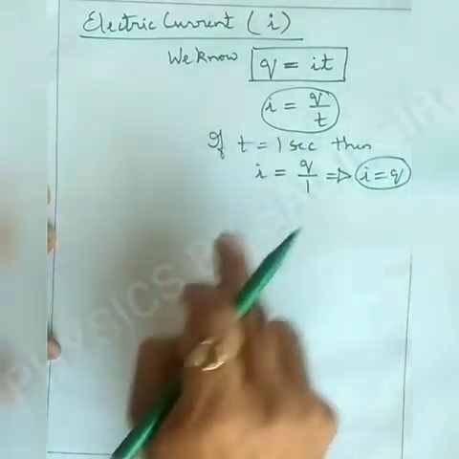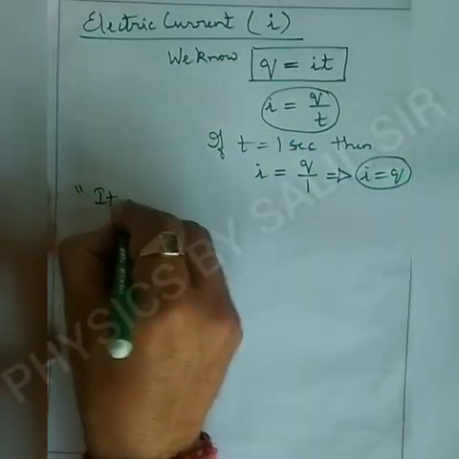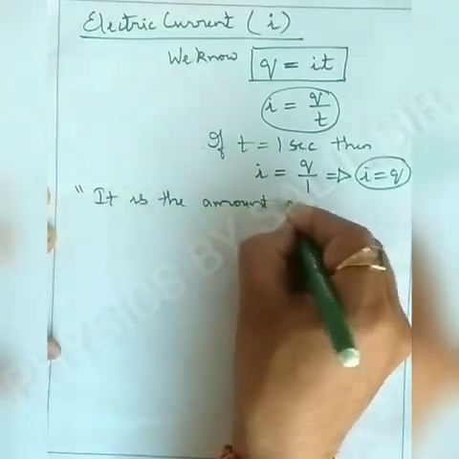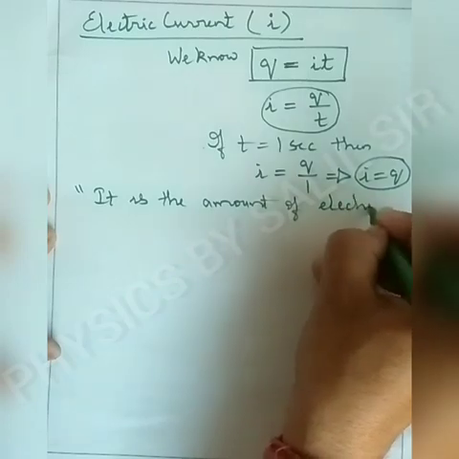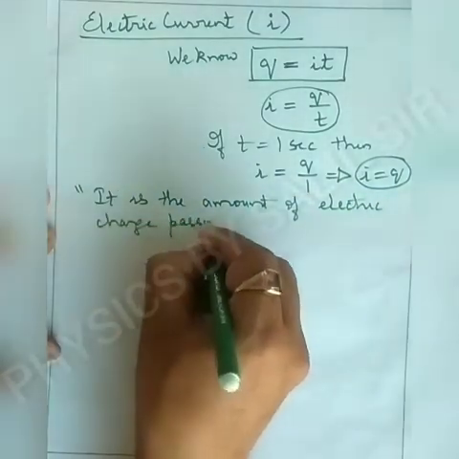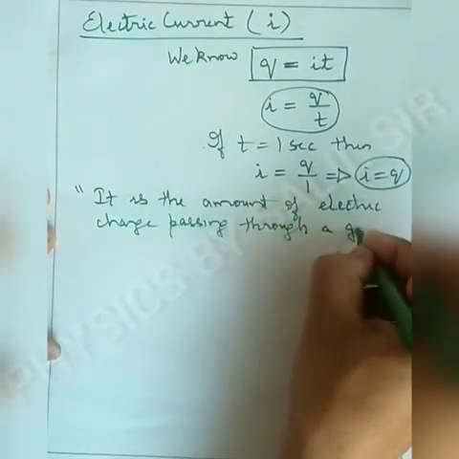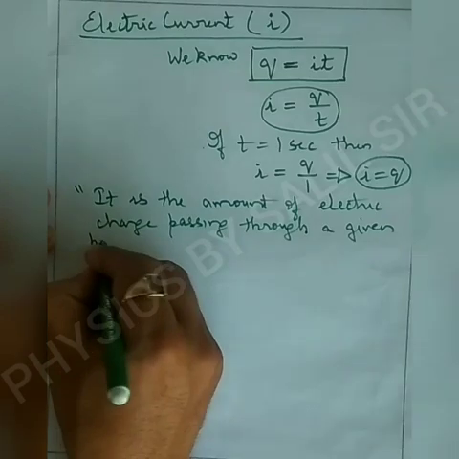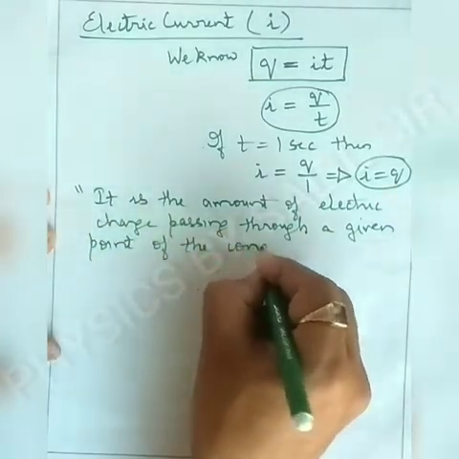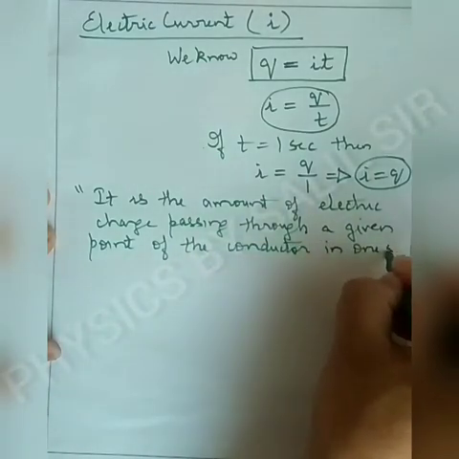So based on this concept, we can define the current as the amount of electric charge passing through a given point of the conductor in 1 second.